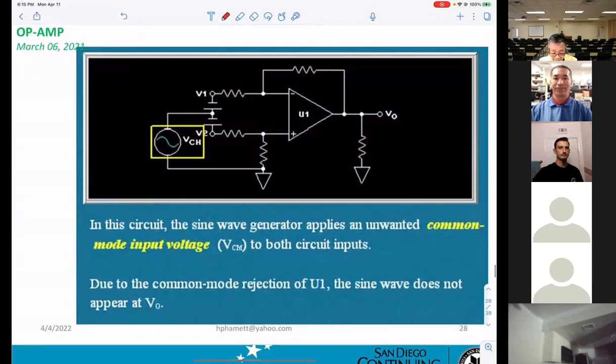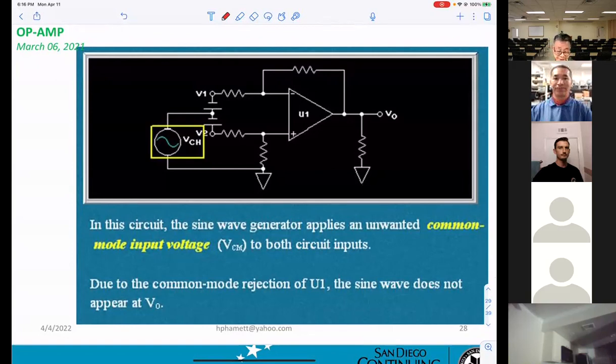Now, see what happened here. In this circuit, the sine wave generator applies an unwanted common mode input voltage VCM to both circuit inputs. Due to the common mode rejection of U1, the sine wave does not appear at Vout.